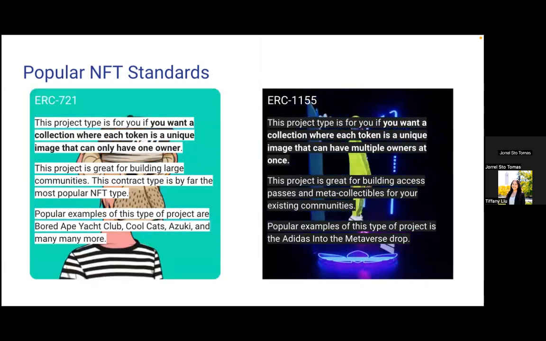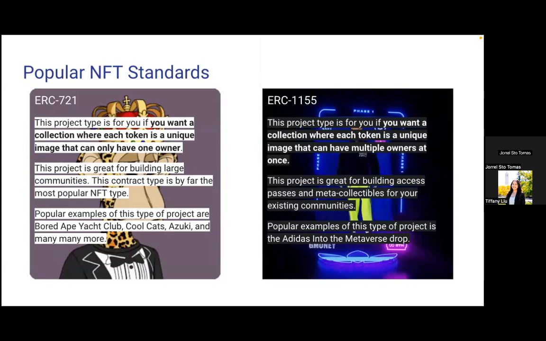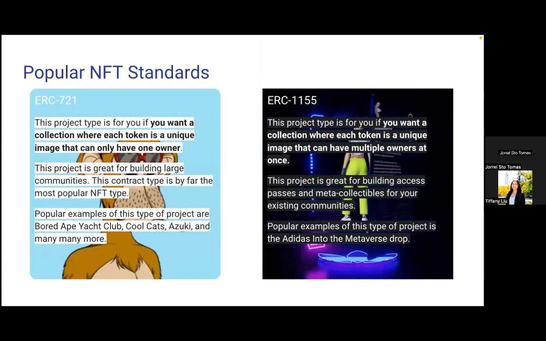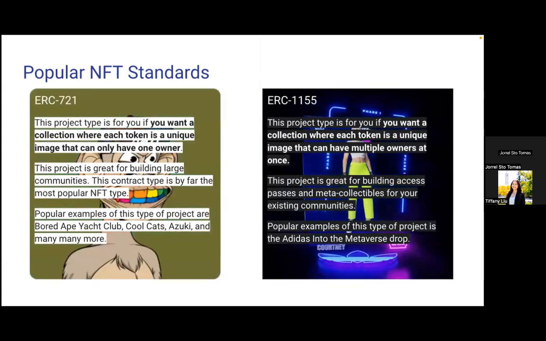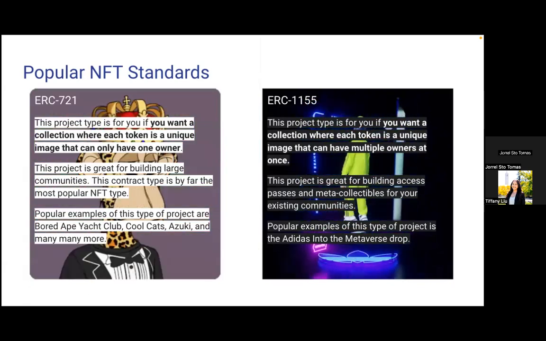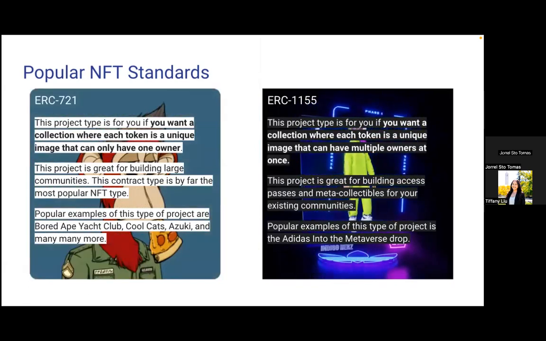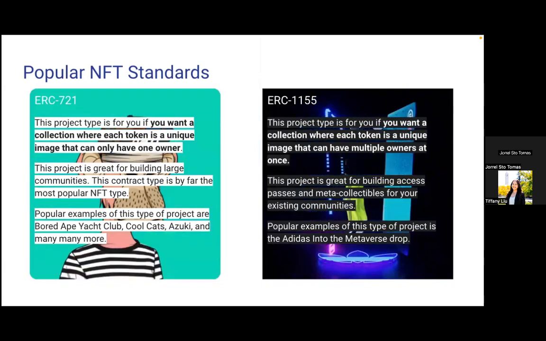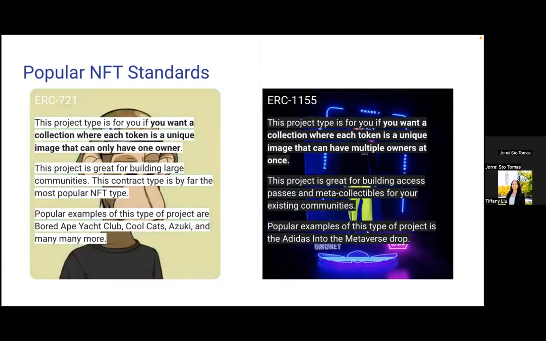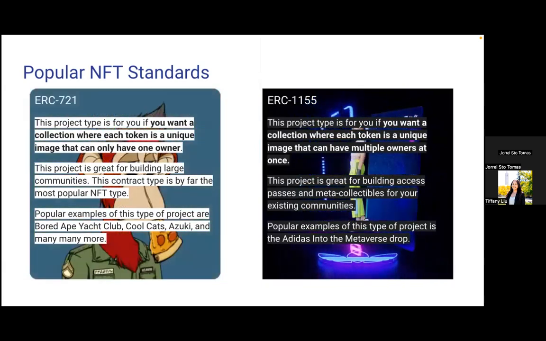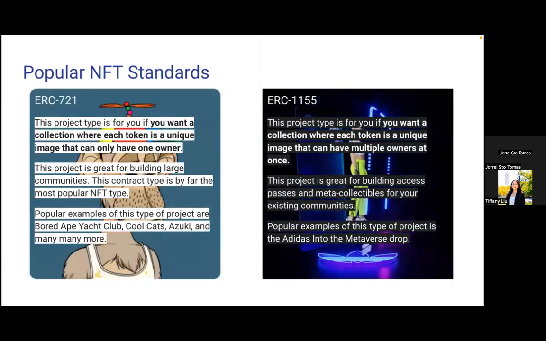Exactly, 1155. If you were doing a generative art collection, is that going to be a 721 or an 1155? Could be both, actually. So that's a trick question. But anyways, ERC 1155 is probably the most useful out of these two standards.